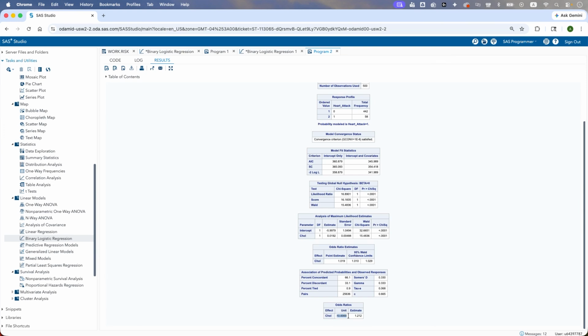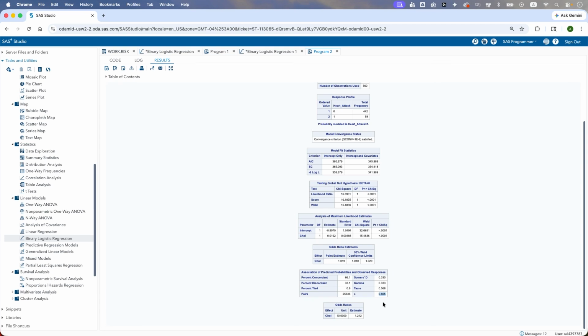Now, again, this is the C value. The AUC is about 66%. Still, we are getting a decent model, better than flipping the coin. I give you a person. Is this person going to have a heart attack? Flip the coin, yes or no. But now this model, if you give me his cholesterol level, I can tell you the likelihood that he is going to have a heart attack or not.